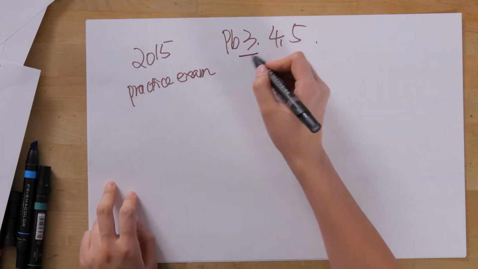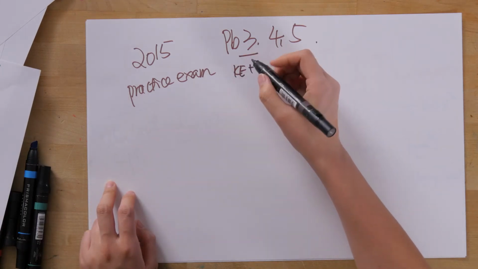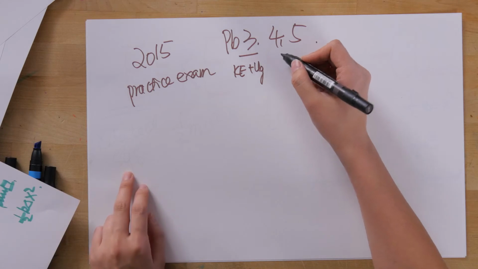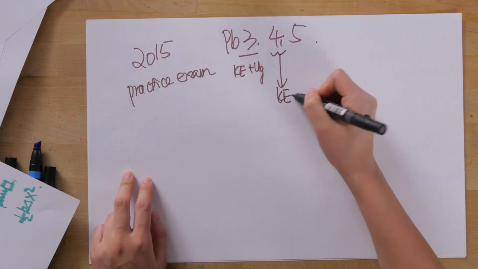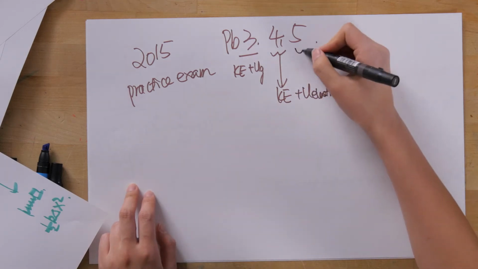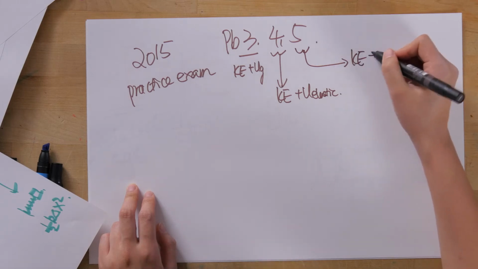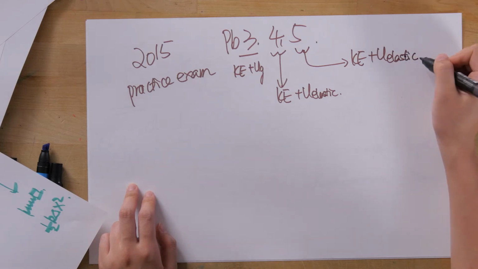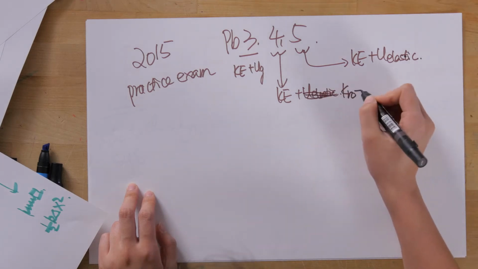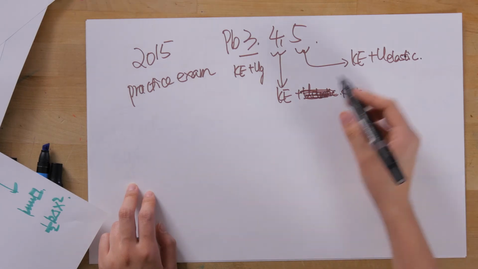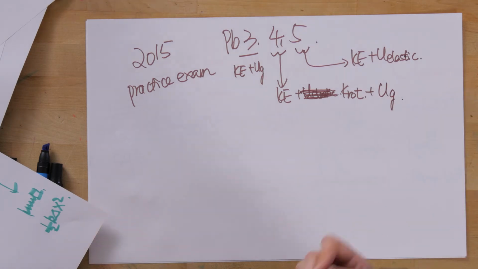I think problem number 3 uses conservation of kinetic plus potential energy, and number 4 involves kinetic energy and elastic potential energy. Number 5 involves rotational energy, kinetic energy, and gravitational potential energy.